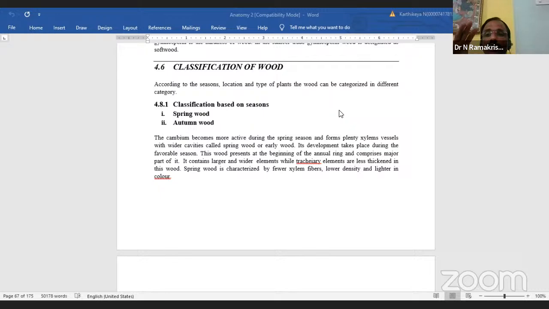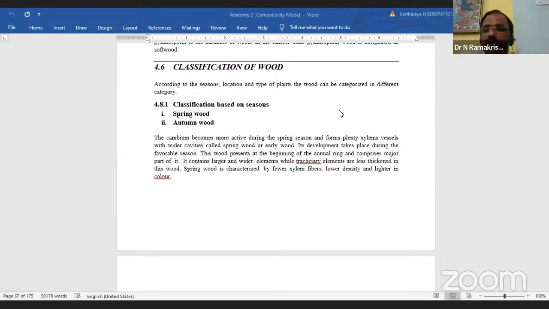Generally, secondary growth means when the plant's development is started. In some of the plants we are looking at abnormal development, abnormal activities. This abnormal development, we call anomalous secondary growth.